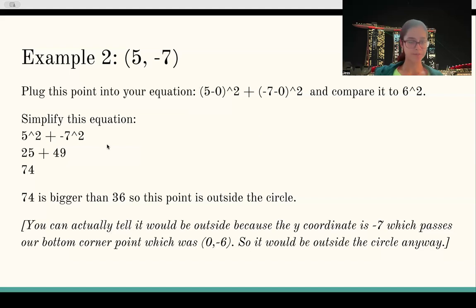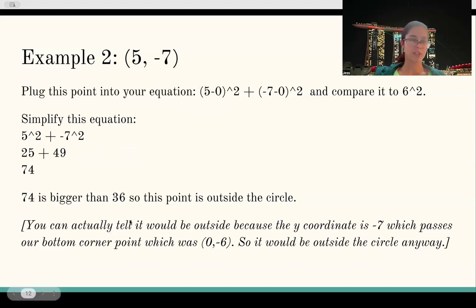Simplify this equation. So 5 squared plus negative 7 squared. 5 squared is 25, plus negative 7 squared is 49. Adding these is 74. So 74 is bigger than 36, so this point is outside of the circle.